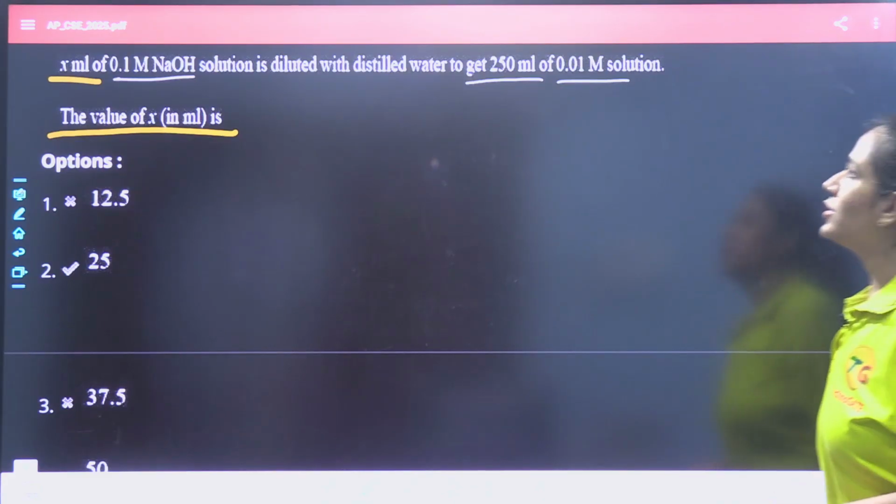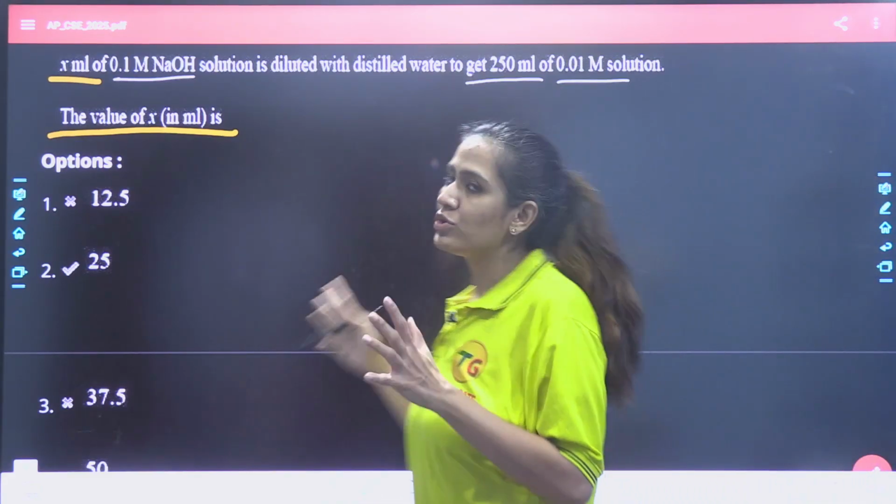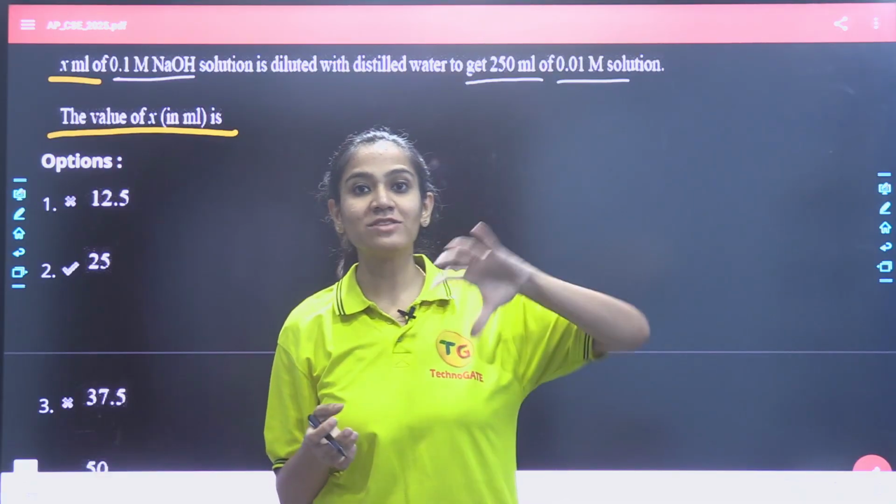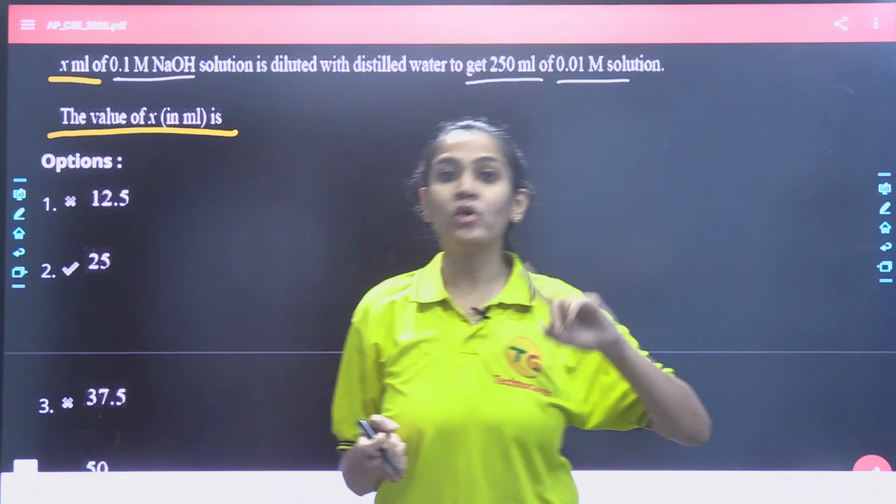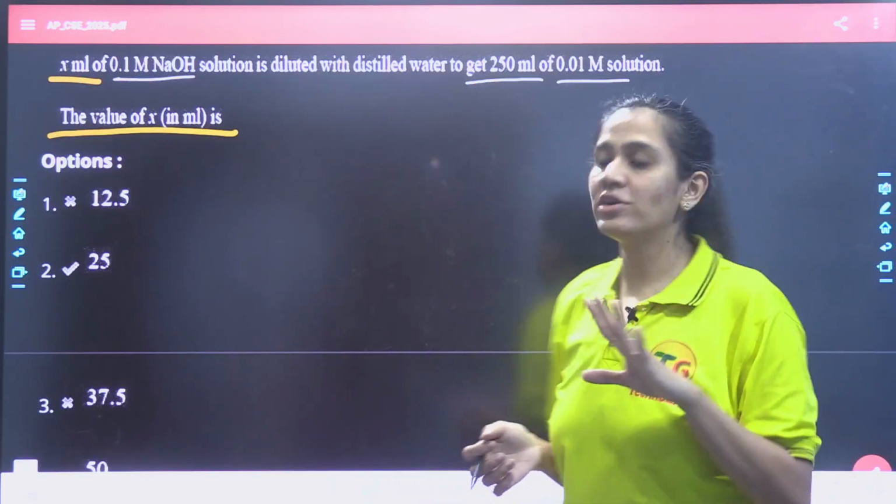Okay. So see, we know that in both the solutions, we just added water. The number of moles of solute did not change.